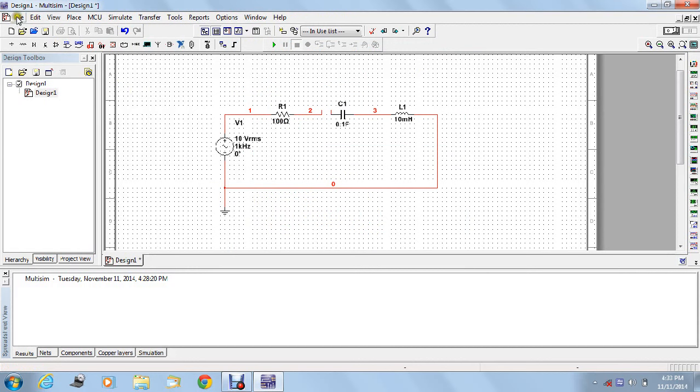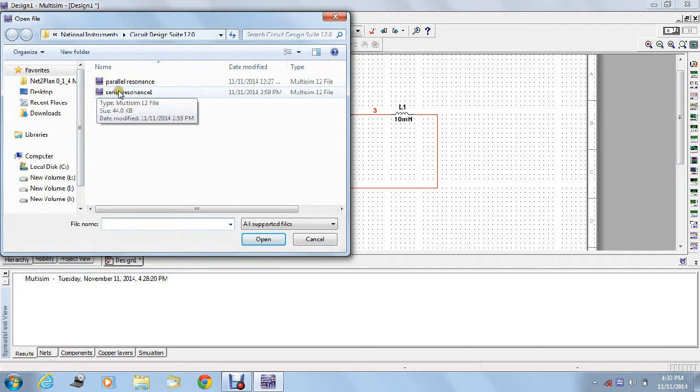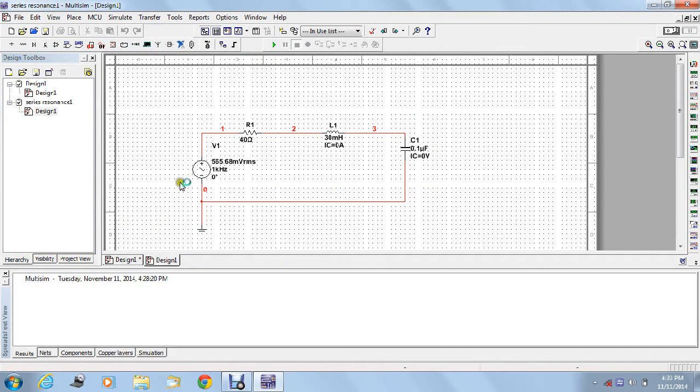For the series resonance circuit, I already have one example. For this circuit, I calculated everything, that means resonant frequency, quality factor, every value. So this is the actual circuit for simulation.